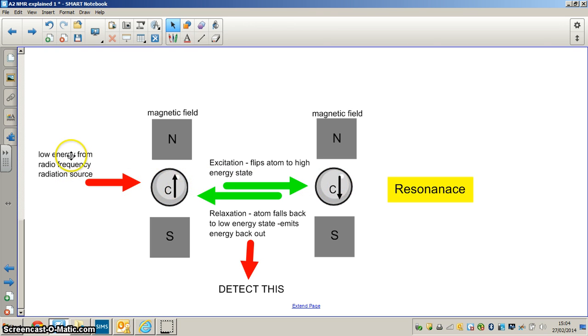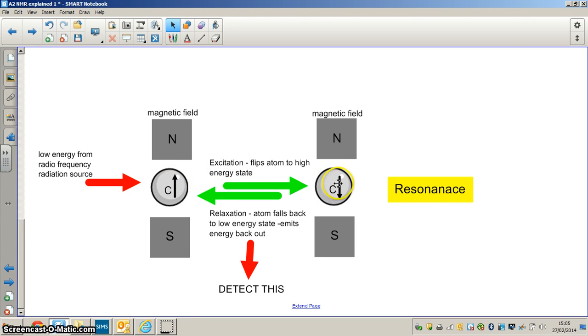So at the appropriate frequency, depending on what environment this carbon is sitting in, in other words, what type of carbon molecule it is, what's surrounding it in terms of hydrogens, oxygens, etc., in its molecular structure, we can get the magnetic field of this atom to flip from a low energy state to a high energy state, and we call that excitation.